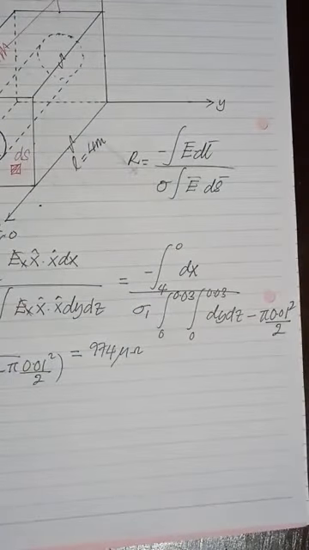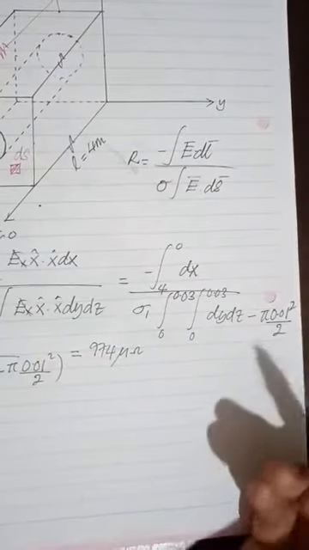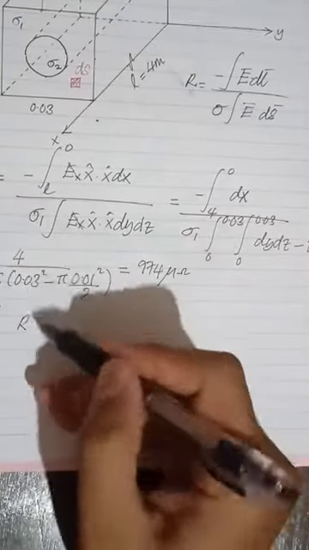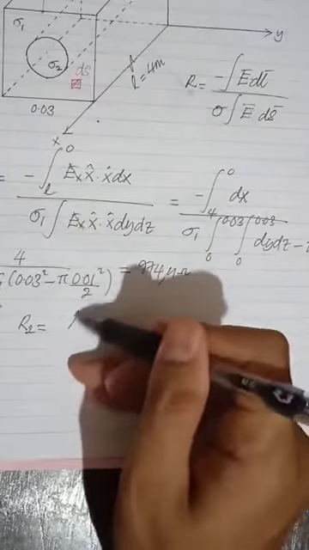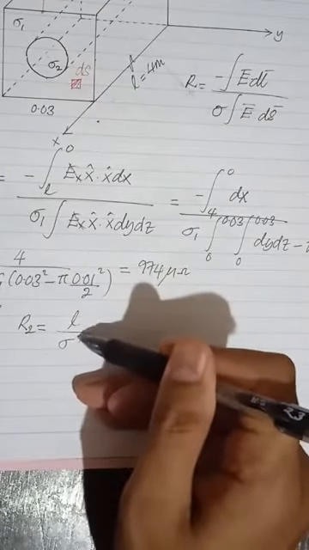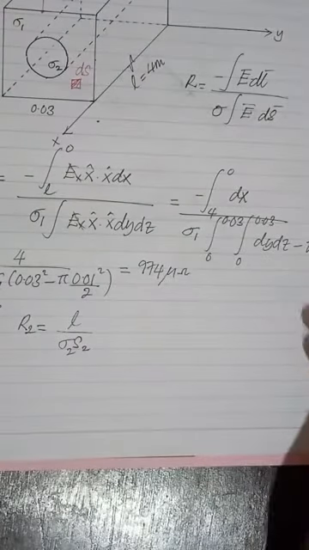So now, with the same procedure, guys, you can find the R due to the second material here, which is sigma 2. So R2, again using the same formula, you have L over sigma 2 times S2.